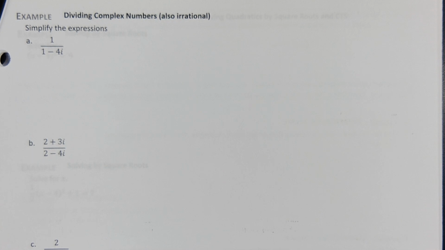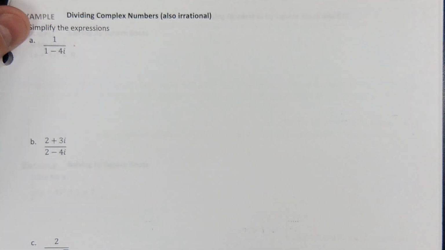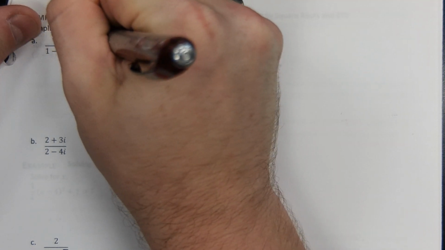So if you have an imaginary number in the denominator, you need a way of getting rid of this complex number. Hey, wait a minute. I could have sworn we just learned a way to make it so that there aren't complex numbers using multiplication. All we have to do is multiply by the complex conjugate on the top and bottom. The complex conjugate of 1 minus 4i is 1 plus 4i.